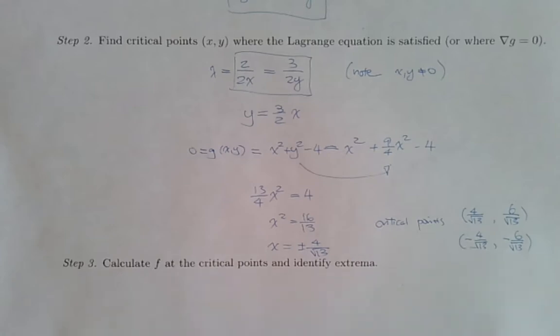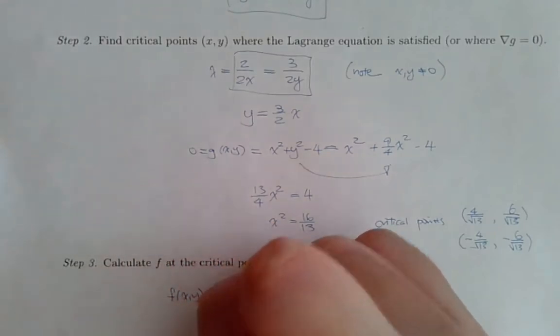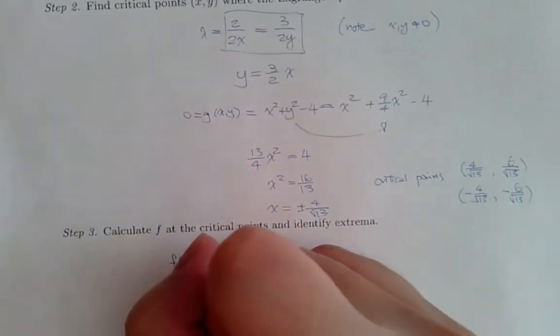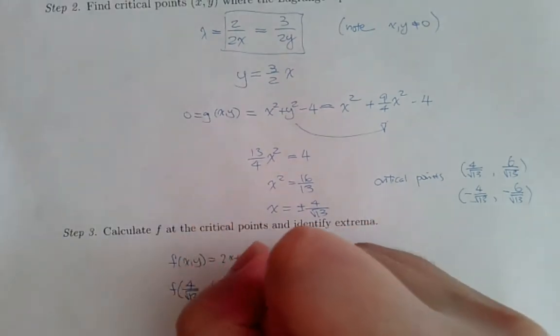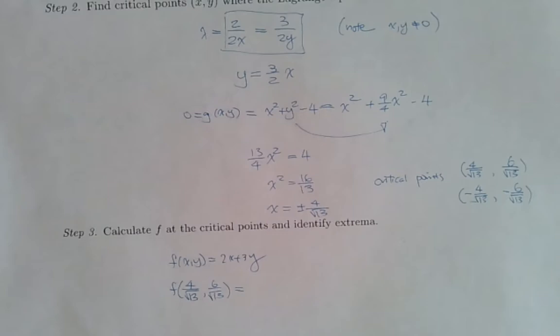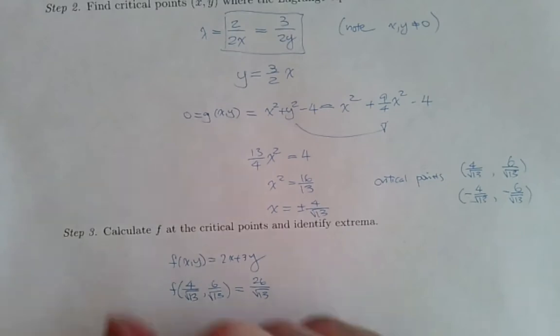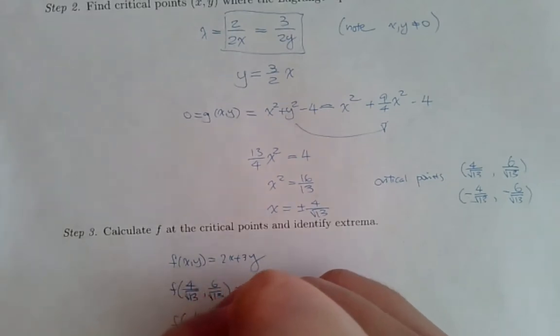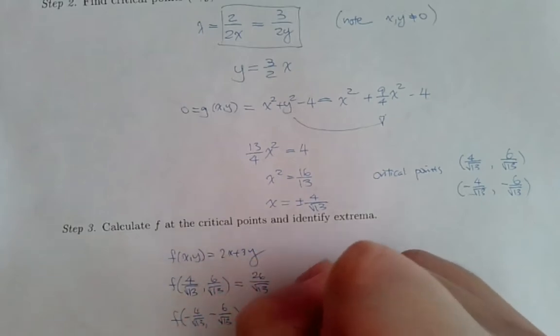From the picture on the previous page, we already know which is max and which is min, but you should probably calculate it out. f of x, y is equal to 2x plus 3y, so f of 4 over square root of 13, 6 over square root of 13 is equal to 8 plus 18, so 26 over square root of 13, and the other will be negative 26 over square root of 13.